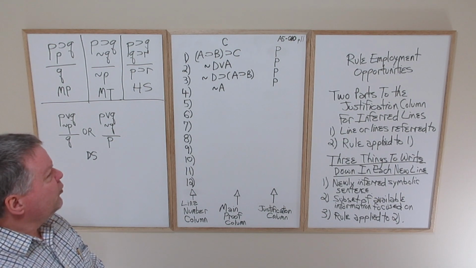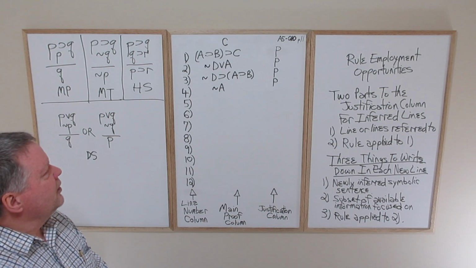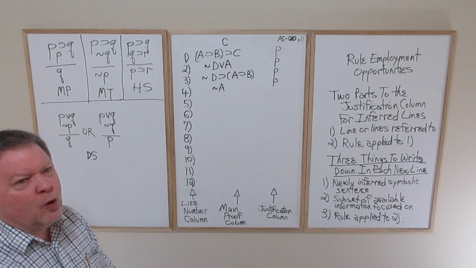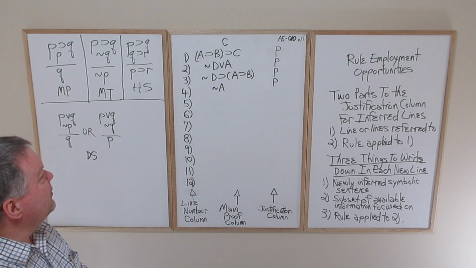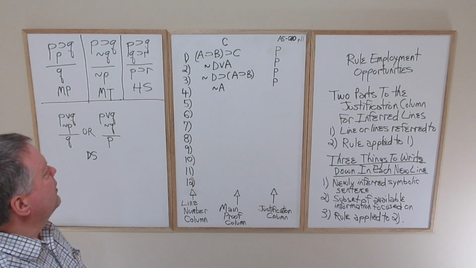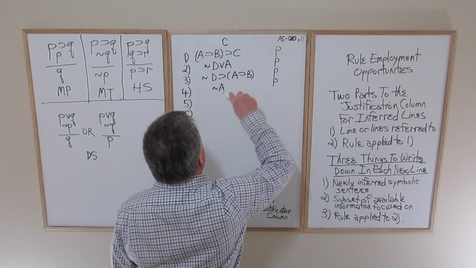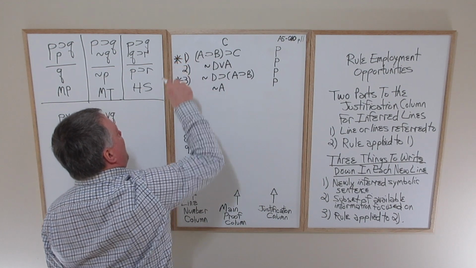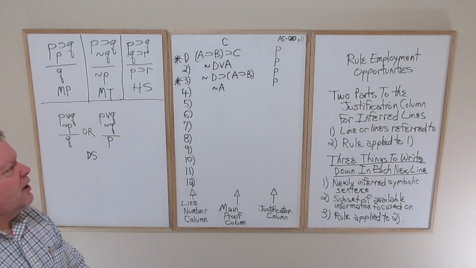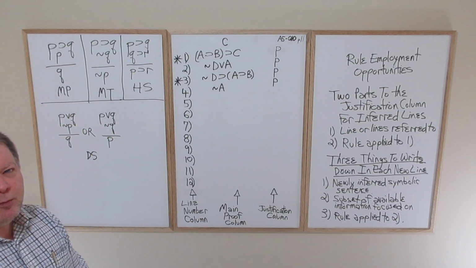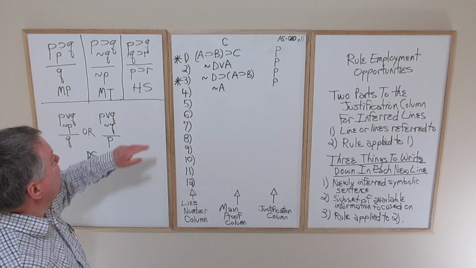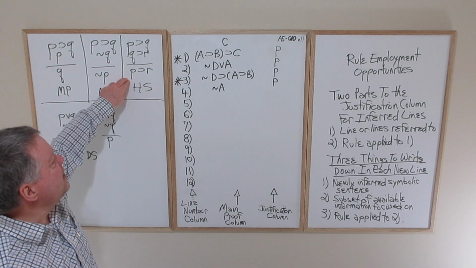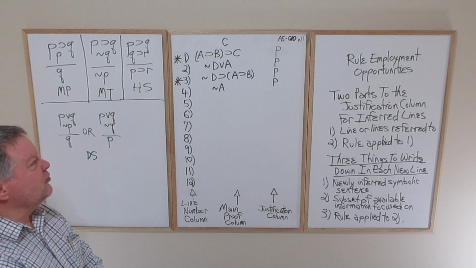For this particular proof, instead of starting off by doing 2 for disjunctive syllogism, someone might notice that lines 1 and 3 satisfy the rule employment requirements for a rule we haven't used yet, namely hypothetical syllogism.